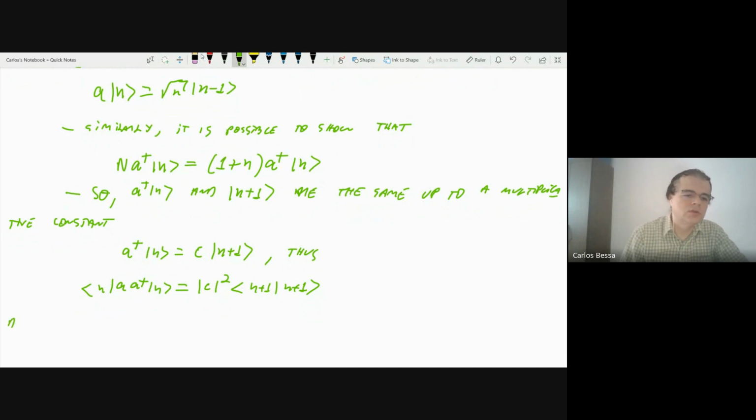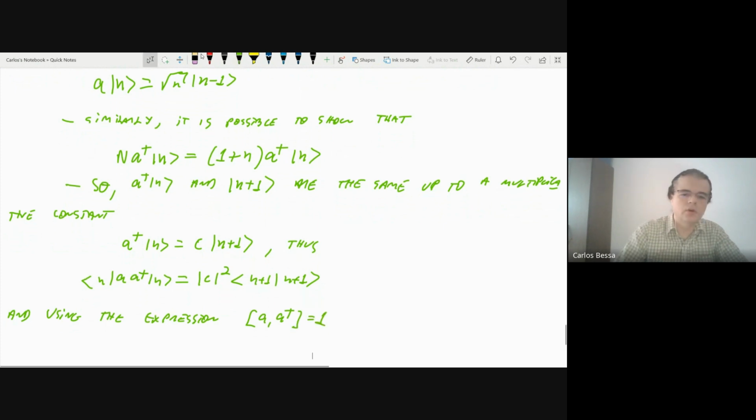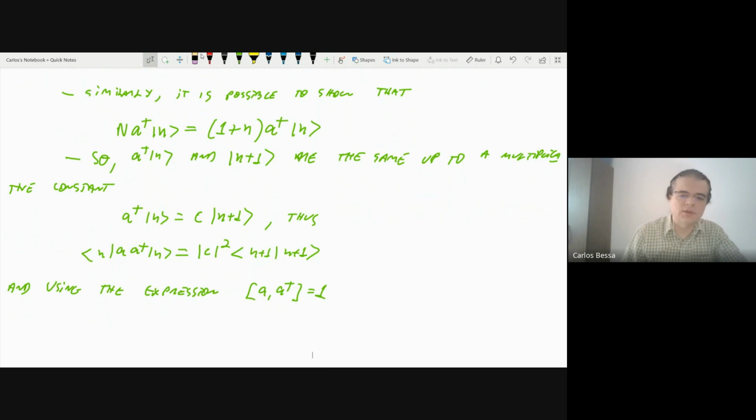And using the expression that we saw in the beginning, a a dagger minus a dagger a equal to 1, we can see from here that a a dagger is just 1 plus n, the number operator.